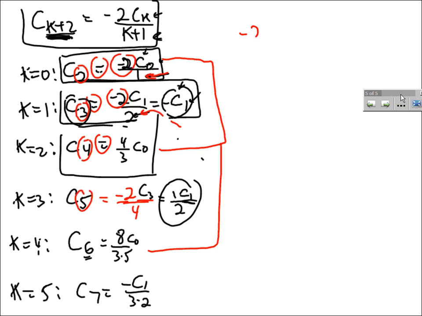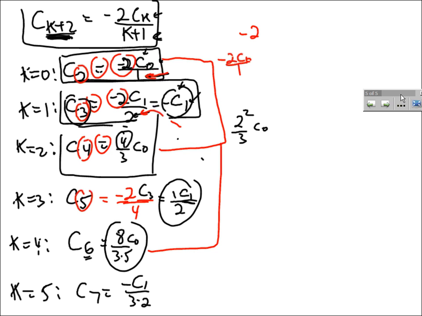You have negative 2C0 over 1. Then you have 4, and then 8. So you have 4, which is 2 squared, over 3 C0.